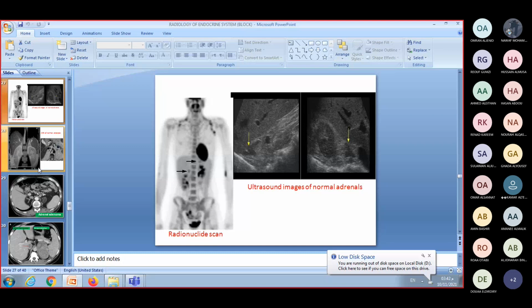It is the most hyperechoic structure among the liver, pancreas and kidney. The important thing is the pancreas is slightly hyperechoic compared to the liver in adults. Hyperechoic means more bright.